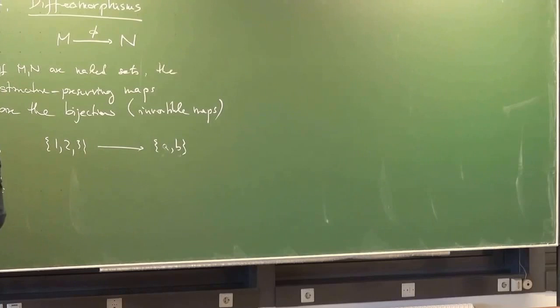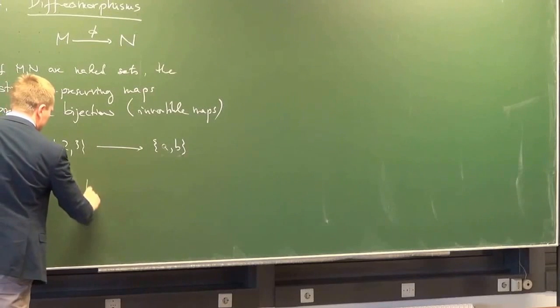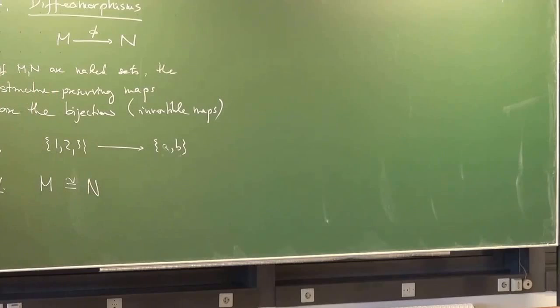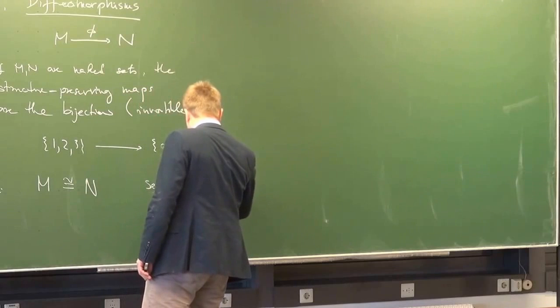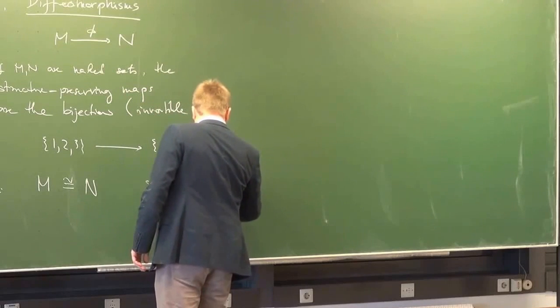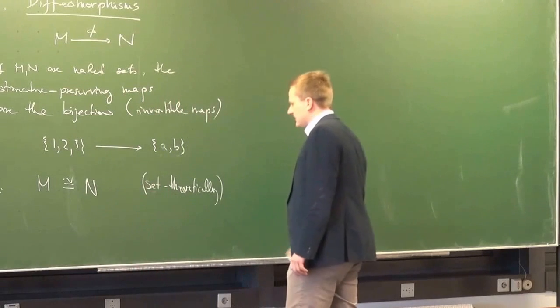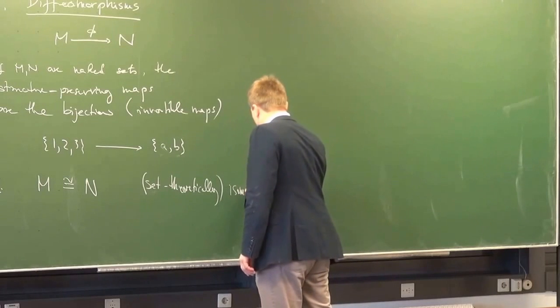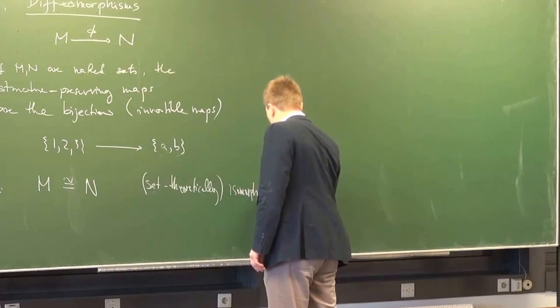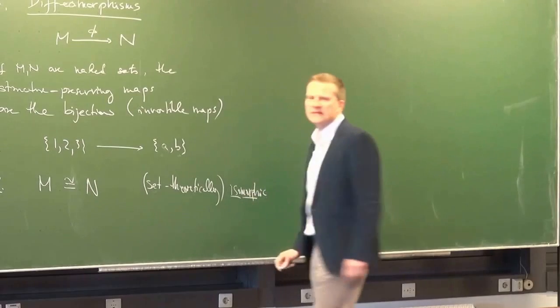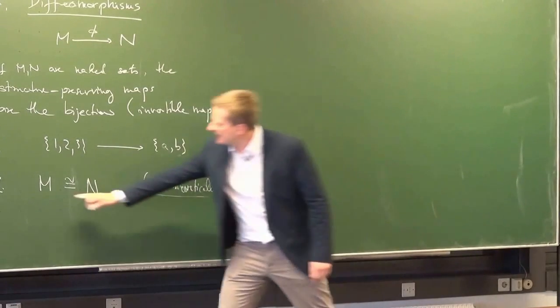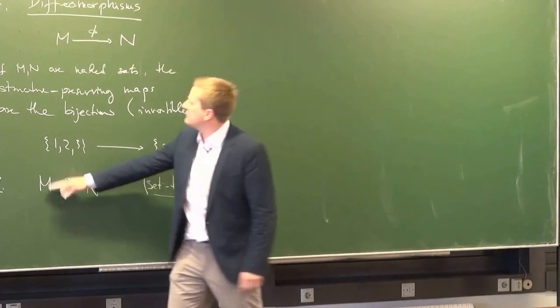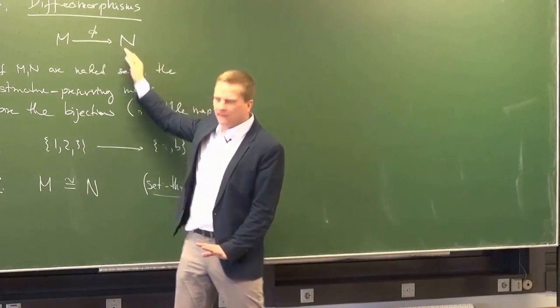Now, definition, a set M and a set N are called to be isomorphic, and I say set theoretically. So I emphasize only if you look at the set aspects, they are set theoretically isomorphic. Morph is form and iso is the same. They have the same form, set theoretically speaking, only looking at their set theoretic aspects, therefore studying them by maps, by pure maps.